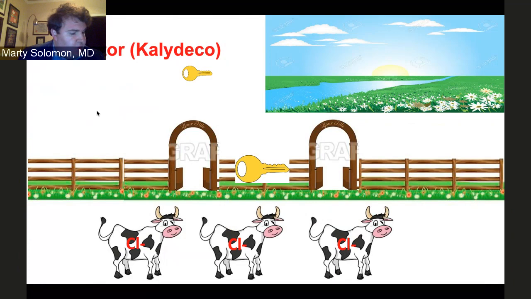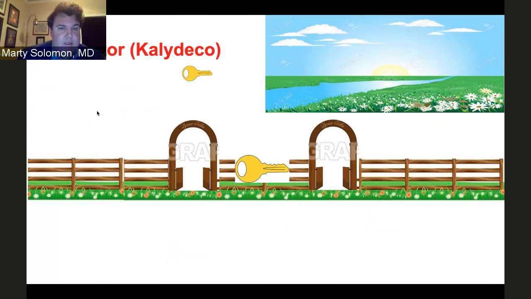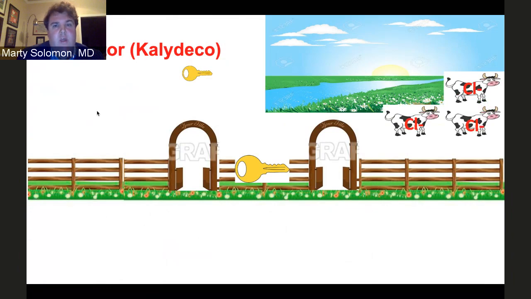As you can see, once we add a modulator called ivacaftor or Kalydeco, this drug acts as a key to the gate. And if you'll advance the slide again, this allows the gate to open, and then our cows cross over to the greener pasture land with the brook across the fence, much like ions would be doing in the presence of the potentiator drug with G551D mutated CFTR protein. To advance to the next slide, please.